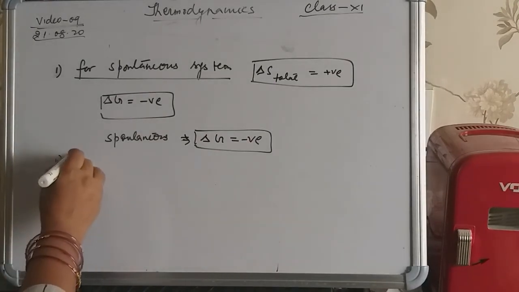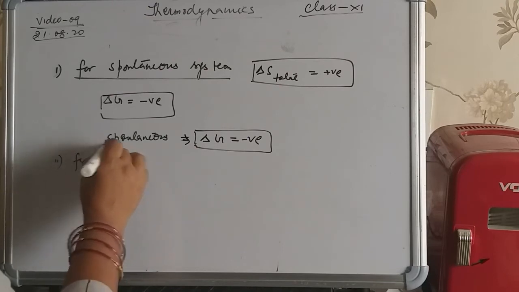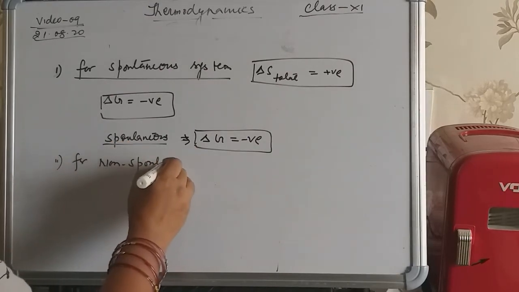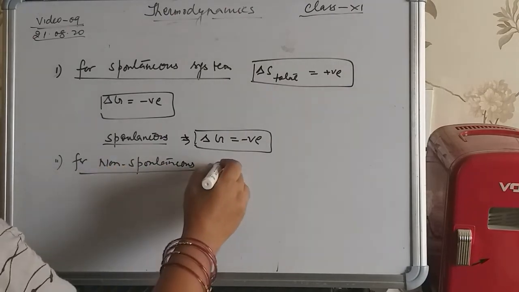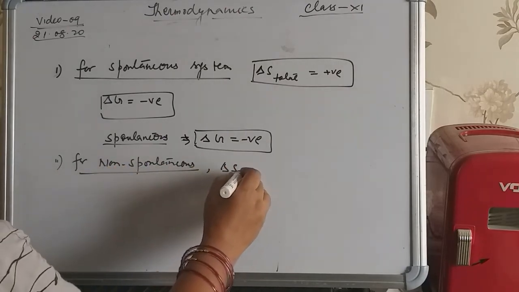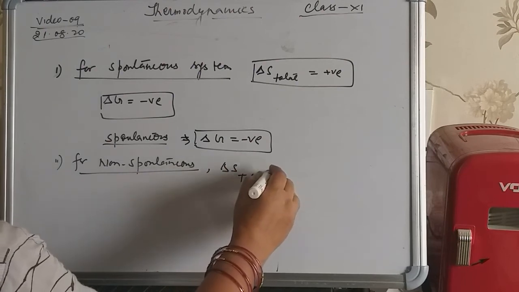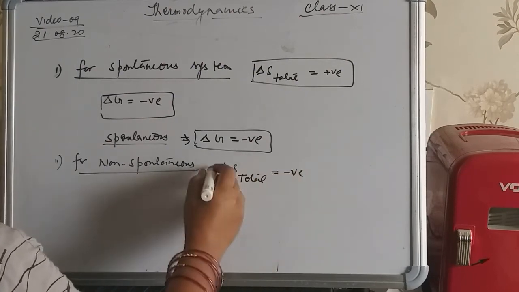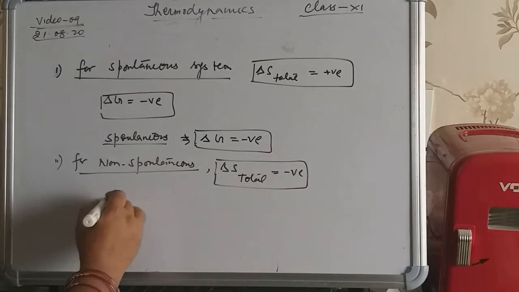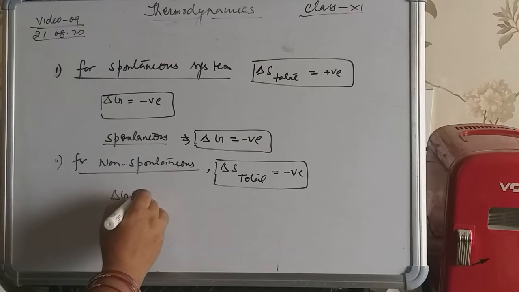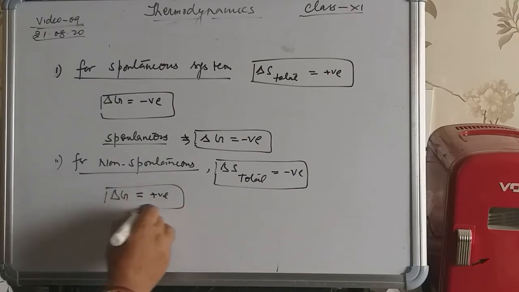And for a non-spontaneous process, we know that the total change in entropy is negative. In that condition, the value of change in Gibbs energy comes positive.